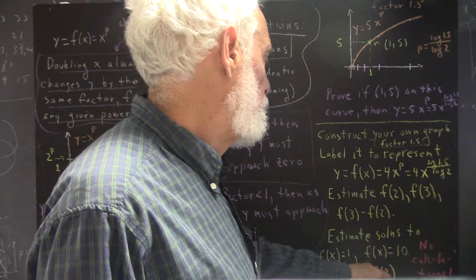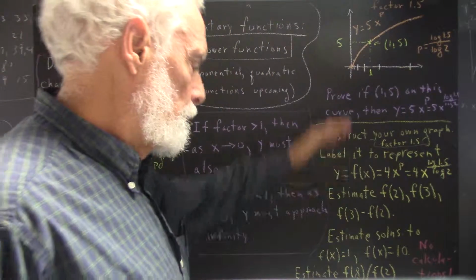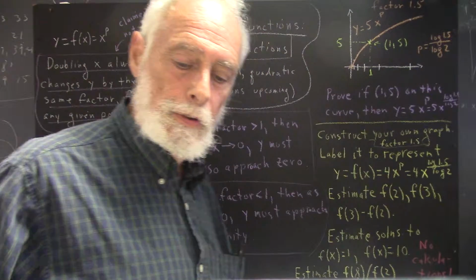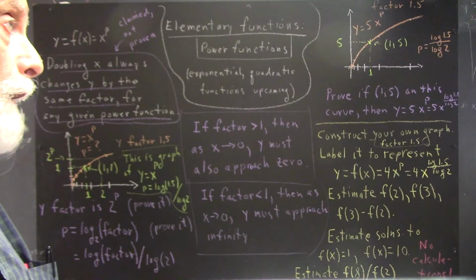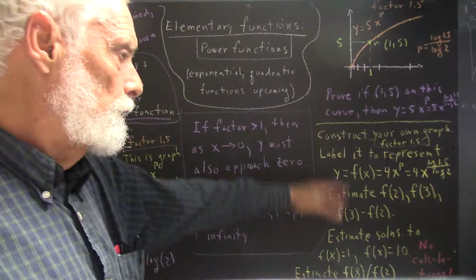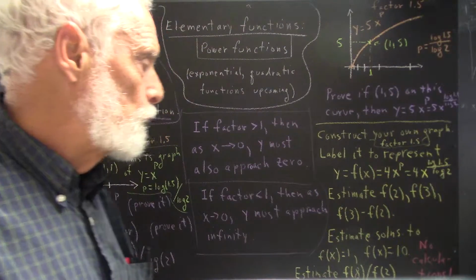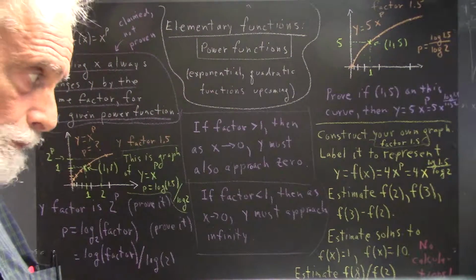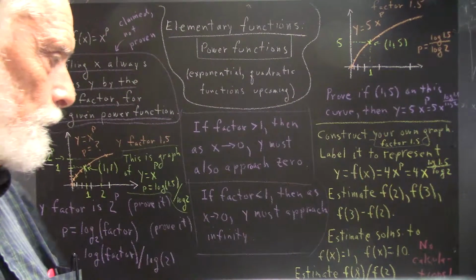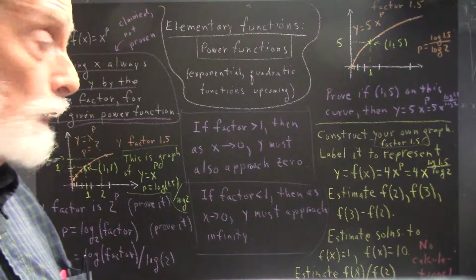Estimate f of 8 divided by f of 2. Do all that with no calculations. Not very difficult. You should work on that. But of course, if you don't get anywhere, we'll give you some feedback very shortly.